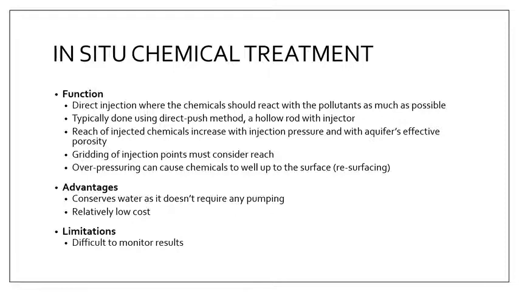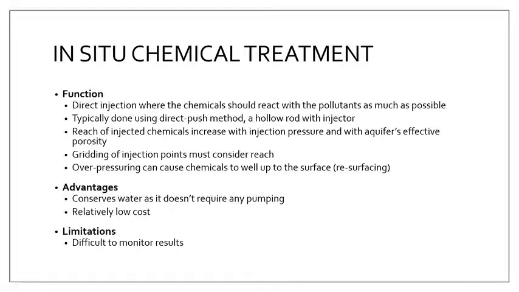Now, there are two main types of chemical methods. One is the in situ chemical treatment, and the other is the ex situ chemical treatment. Right? For the in situ chemical treatment, what we do is we directly inject the chemicals and hope that they react with the pollutants as much as possible.